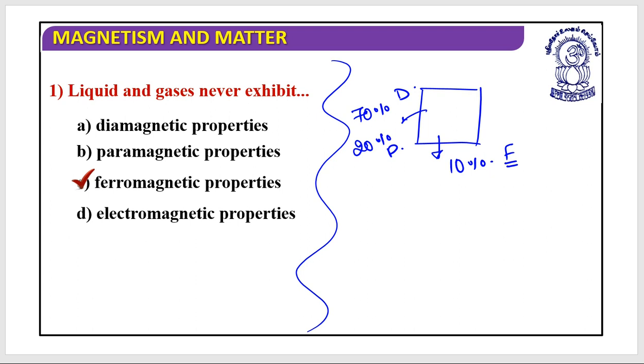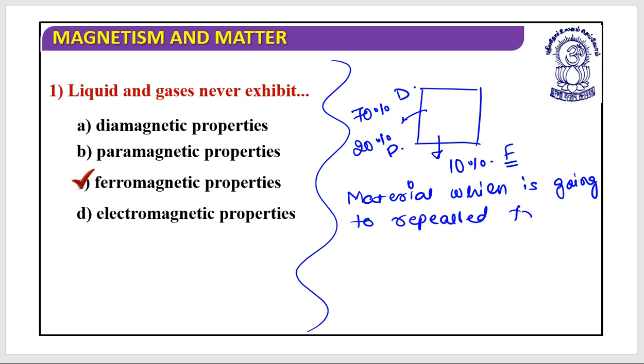That means we can be sure that this is a material which is going to repel from a magnet.